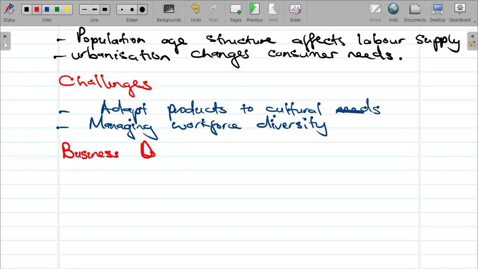So the business might implement diversity management policy.